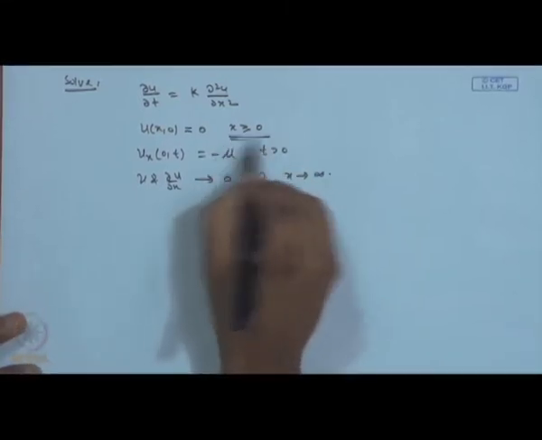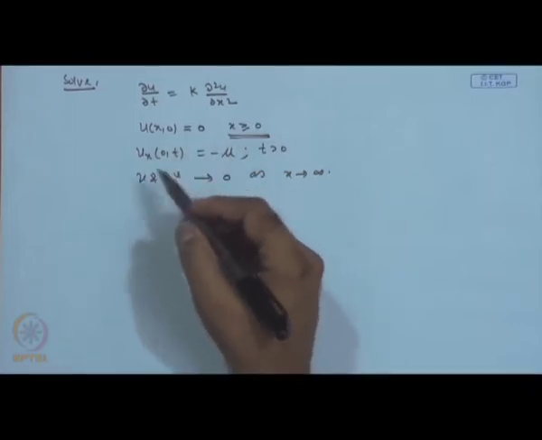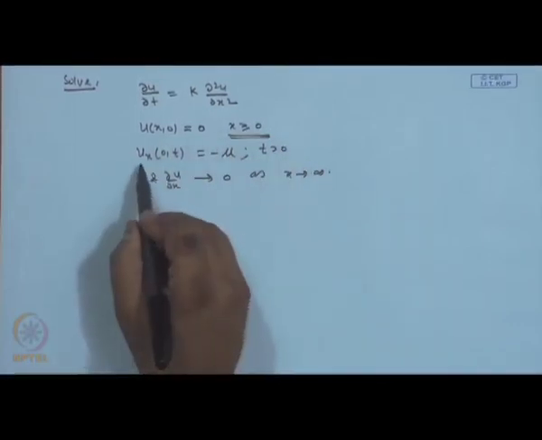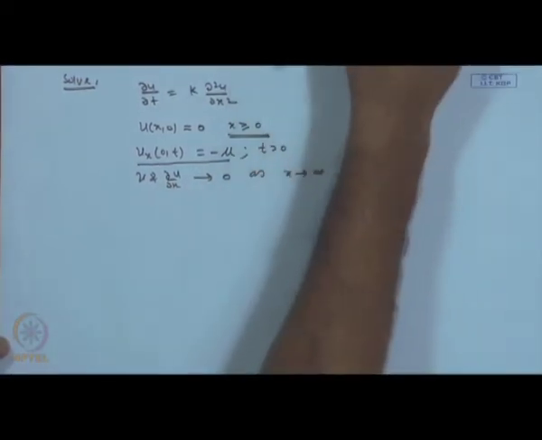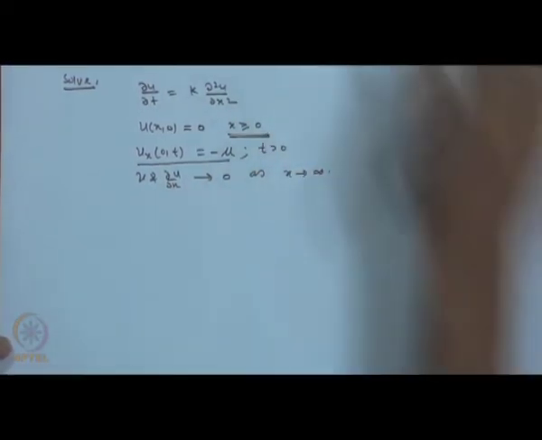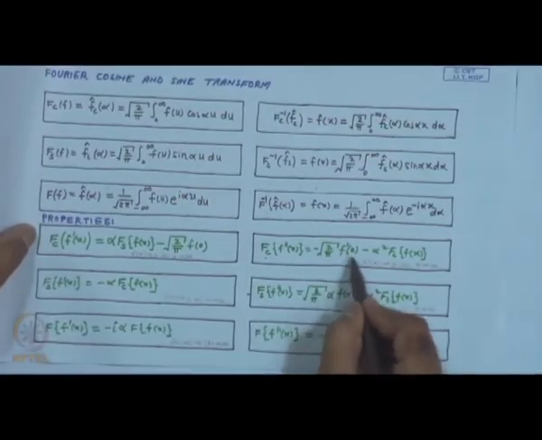So, we again have the half range. We have the possibility to apply Fourier cosine or Fourier sine transform, but this u_x is given. So, we can apply only the Fourier cosine transform, because we have this first derivative information there.